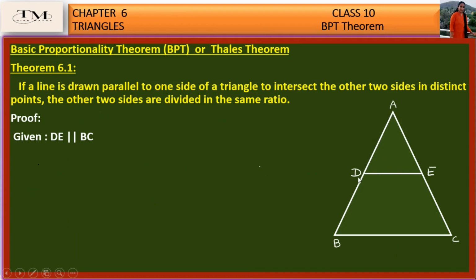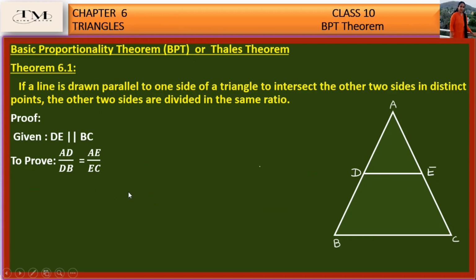So, how is it divided? AB is divided into AD and DB, and AC is divided into AE and EC. So, we have to get AD by DB equal to AE by EC. That is what we have to prove.